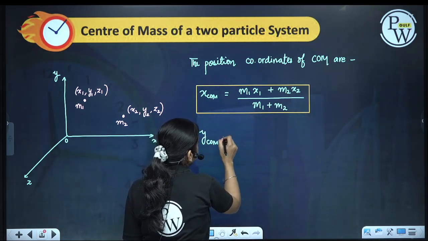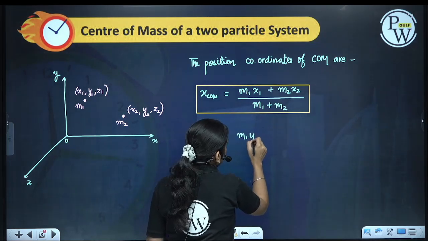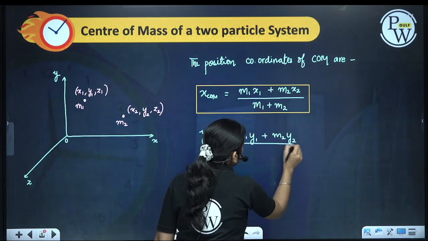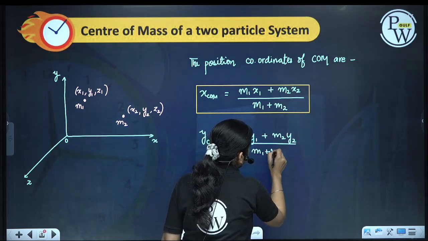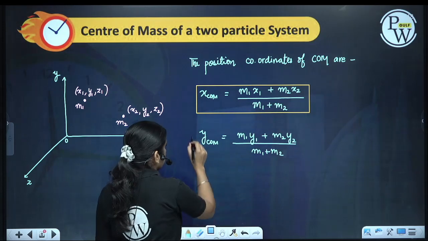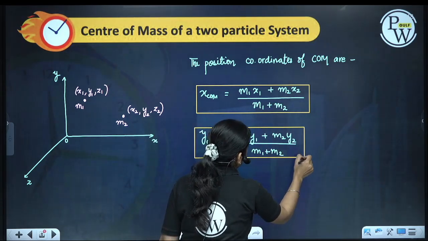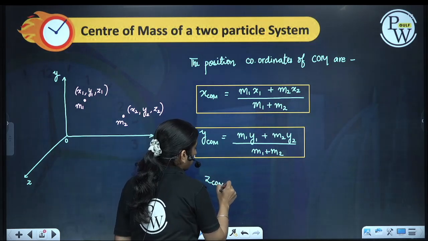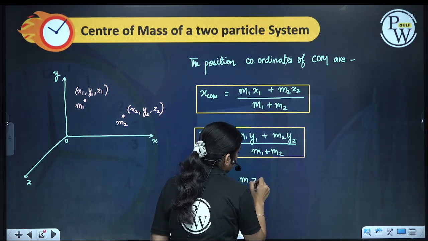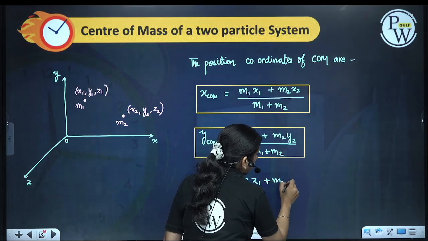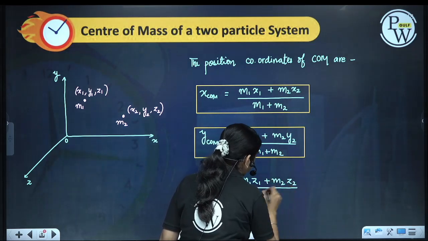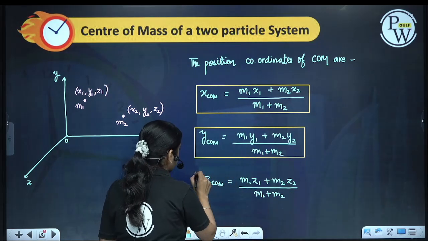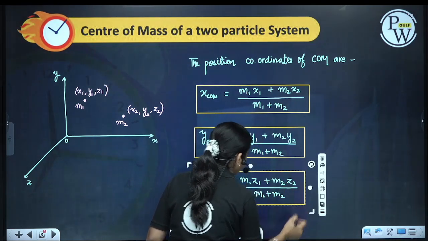Similarly, the y coordinate of the center of mass is m1 y1 plus m2 y2 divided by m1 plus m2, and the z coordinate will be m1 z1 plus m2 z2 divided by m1 plus m2.